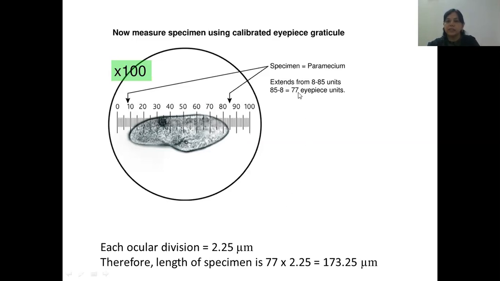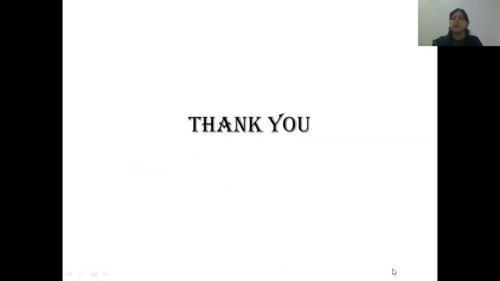So here 77 eyepiece units are occupied by paramecium. So 77 into 2.25, that is 173.25 micrometer, is the length of the paramecium. So this is a technique used to measure the size of a microorganism, or rather micrometry.